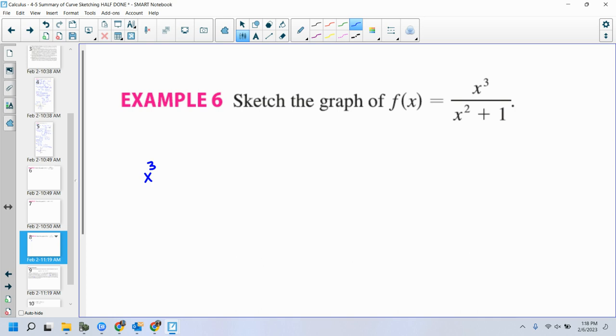We take the top and we divide by the bottom. Now, notice that I'm kind of leaving room here. I'm going to do long division, which needs every term represented. Oh, I'm sorry, I got them in the wrong spot.